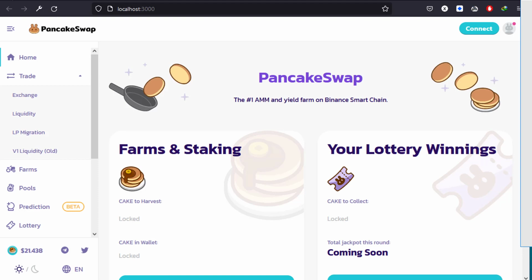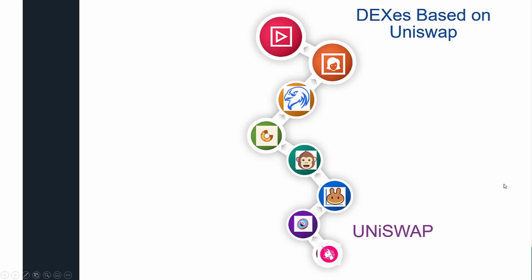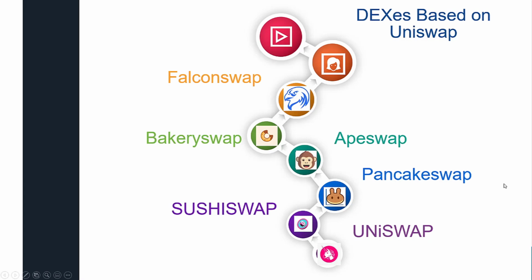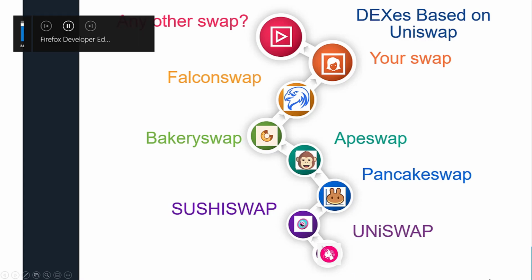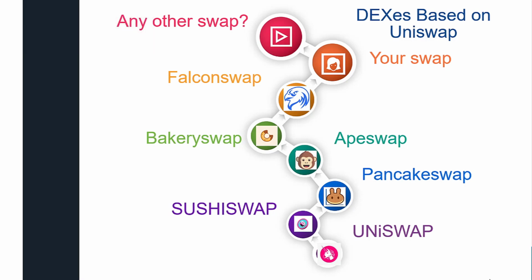So whether you cloned the smart contracts of Pancakeswap or Bakery Swap or even of Uniswap, you can actually use them. And of course, there are a couple of other things that you need to do. If you're cloning it, just stay on the Binance Smart Chain, and this front end will work with the smart contracts that you deploy to the Binance Smart Chain.